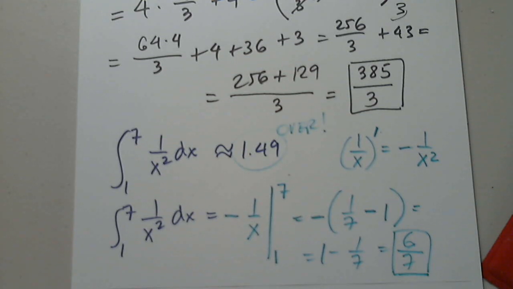No integral exists without dx. And the answer should be 6 over 7, whatever that is in fraction. It must be 6 over 7, otherwise something is terribly wrong. Any questions?